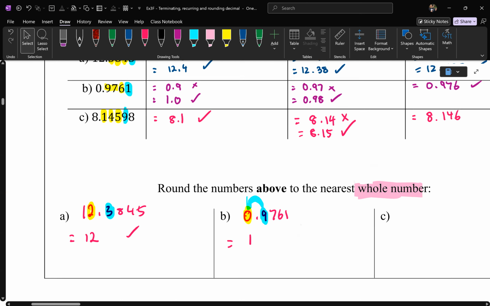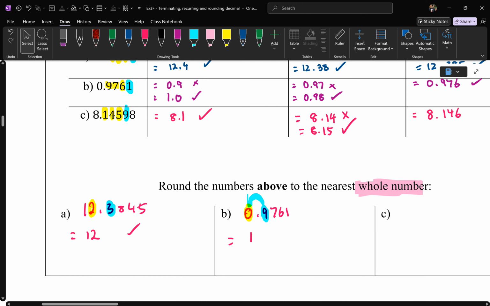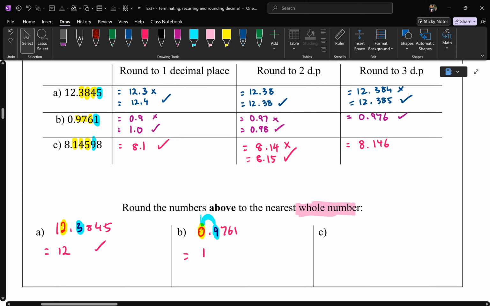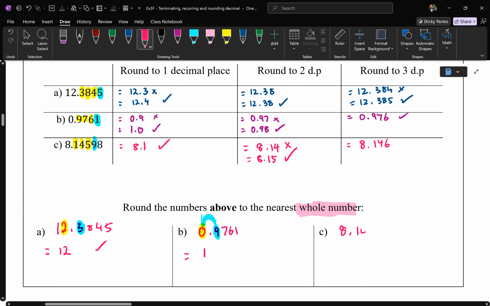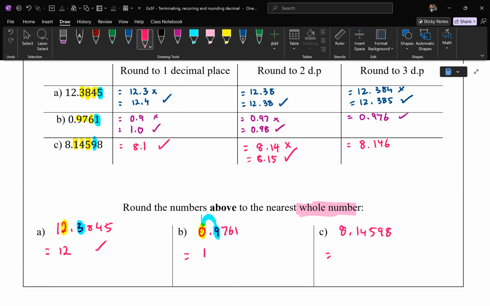So 0.97 is closer to 1 than it is to 0.9. Next one, what about 8.14598 to the nearest whole number, can I please have, let's go Garissa. It is 8. Because you take the 8, check the next digit, 5 or more, you round it up, but clearly 1 is too small. So the answer is 8.